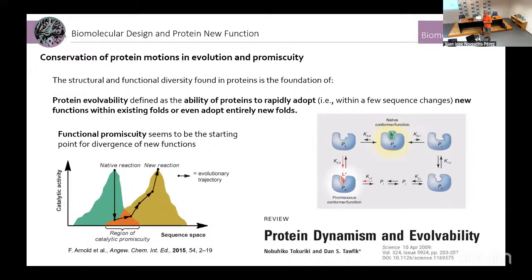What does functional promiscuity mean? It means that if this particular protein can access a given conformational state, maybe not the most populated one but accessible, and this state is active for a non-native function, catalyzing a non-native reaction or accepting a non-native ligand, this is promiscuity.